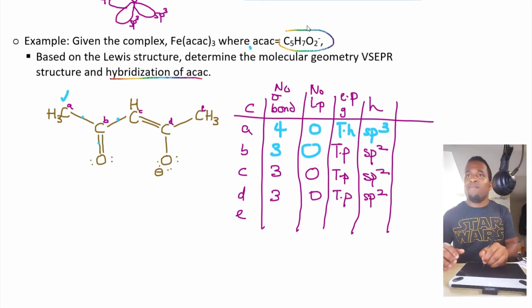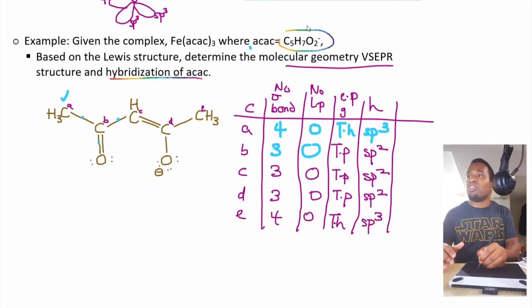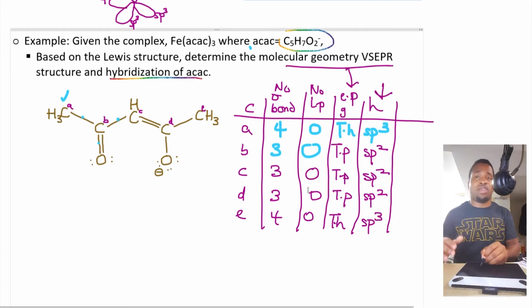And finally, E is the same thing as A, so we go with 4 bonds with no lone pair. That means the electron pair geometry is tetrahedral, and the hybridization is sp3. So here we're able to answer the molecular geometry, the VSEPR structure, which is this right there, and the hybridization, which is those right there for each of the carbon atoms.